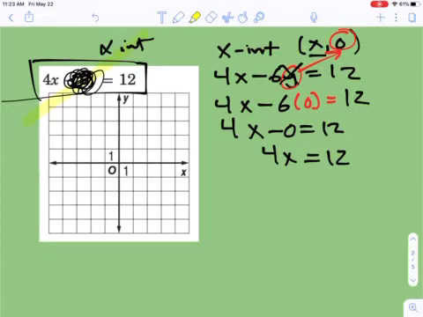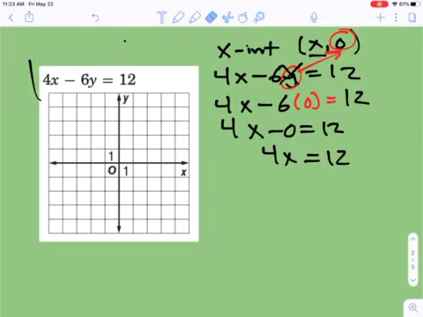You can figure out your intercepts very easily, almost without writing things down, although I always encourage writing things down because I think you make fewer mistakes.